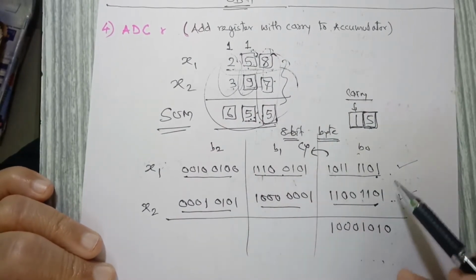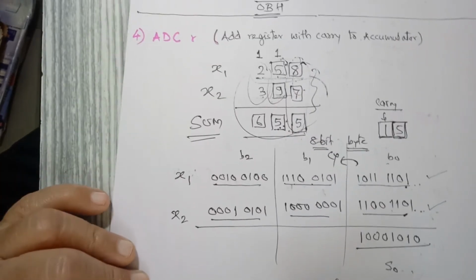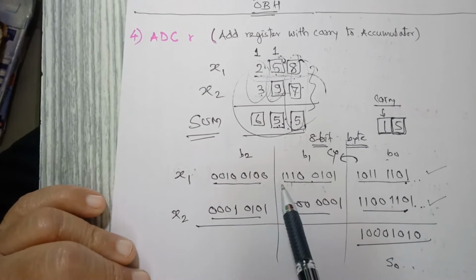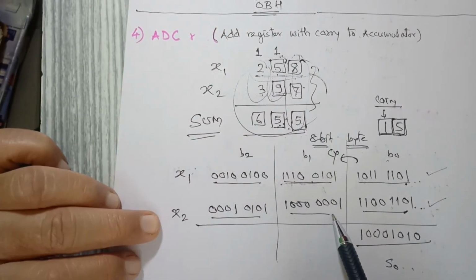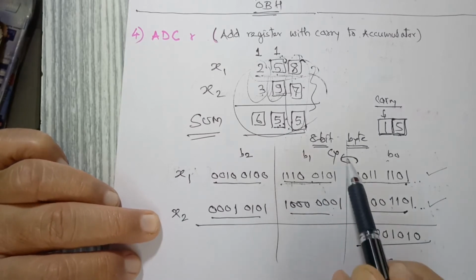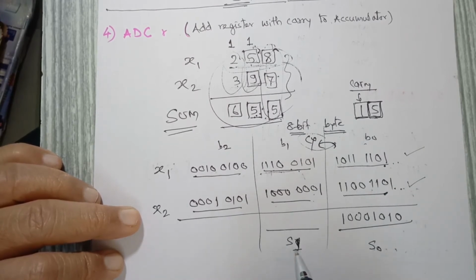So in the first step we will add this byte to this byte, we will get an 8-bit sum here, this is sum 0. Next we shall consider the next byte of x1 and the next byte of x2, then add them along with the carry which occurred in the previous addition. Then you will get another sum byte, sum byte 1.